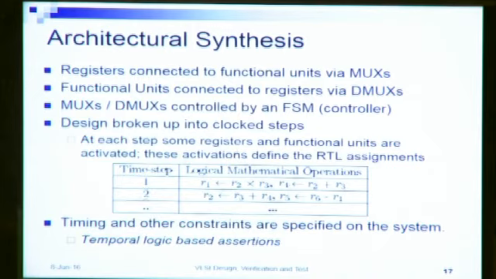So here we have two time steps shown. At time step 1, we have R1 equals R2 times R3, and R4 equals R2 plus R3. And in the second time step, we do R2 equals R3 plus R4, and R5 equals R6 minus R1. So there are a set of parallel register transfers at each time step.